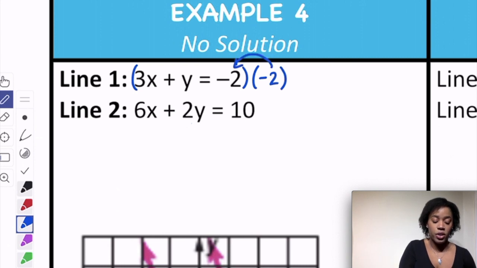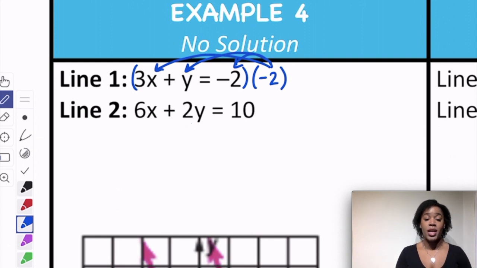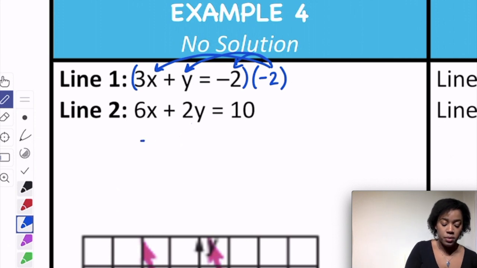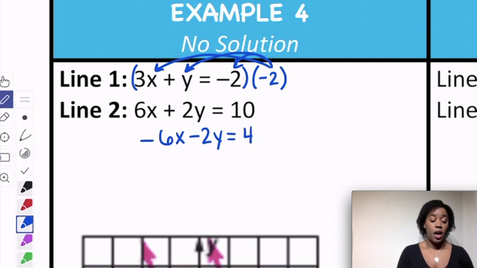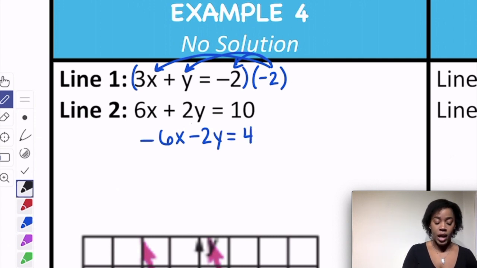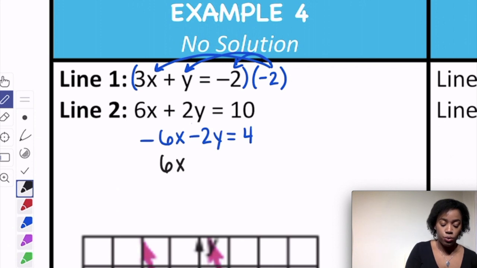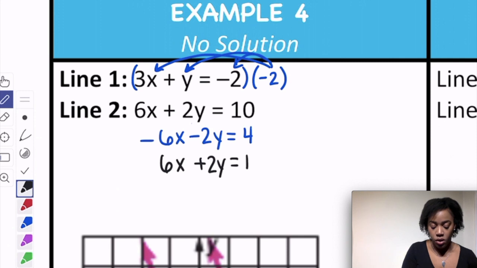And I'm also going to draw my arrows so that I remember I need to distribute that to every single term in the equation. Now my new equation for line 1 is going to be negative 6x minus 2y equals 4. And I didn't change anything about line 2, so I'm just going to rewrite that below the new line 1.